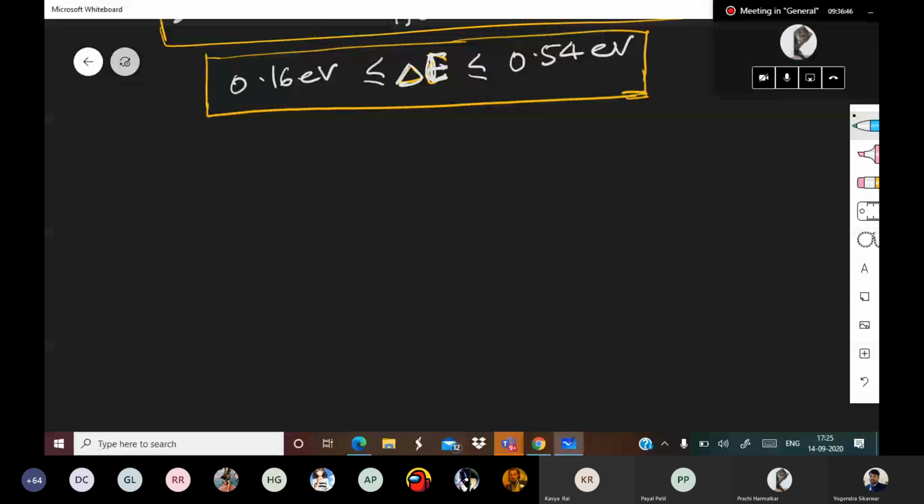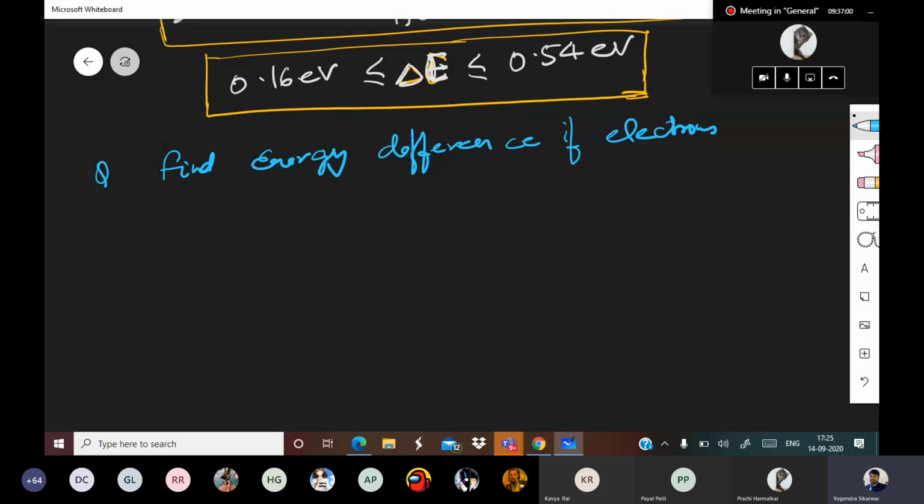Okay, so let me give you a question. Find the energy difference if an electron jumps from n is equal to 3 to n is equal to 1 in Li+2.